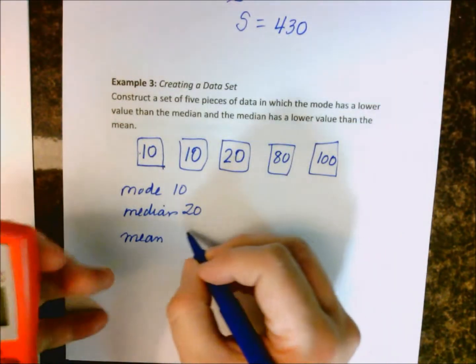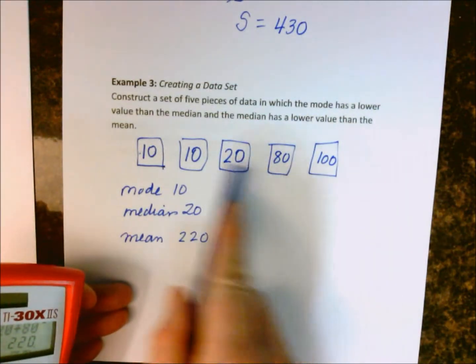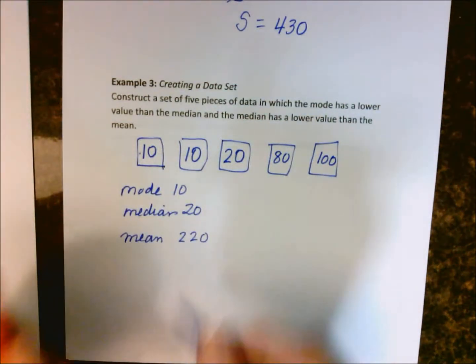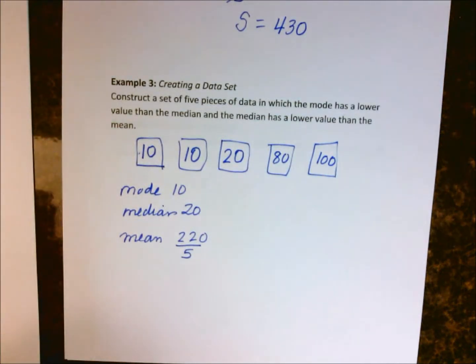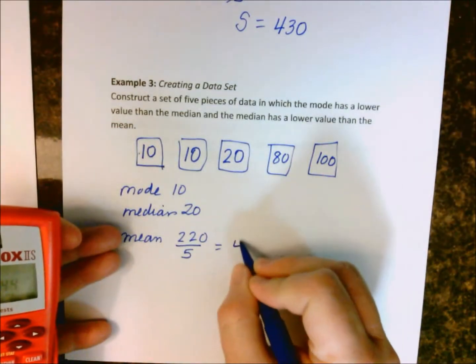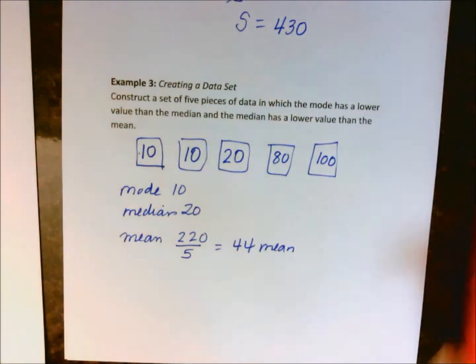Okay, 220. That looks right. And we're going to divide that by 5 because we have 5 numbers. So 44 is the mean. And so we've satisfied all 3 conditions.